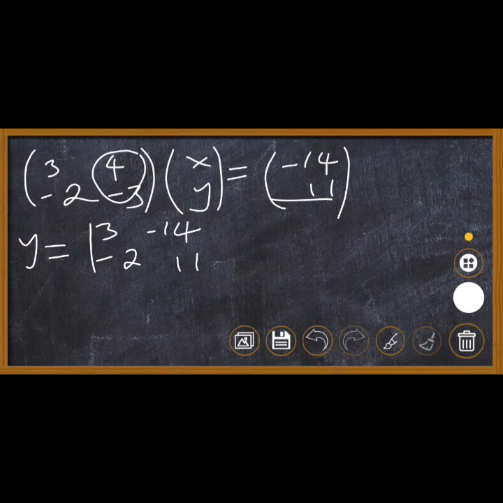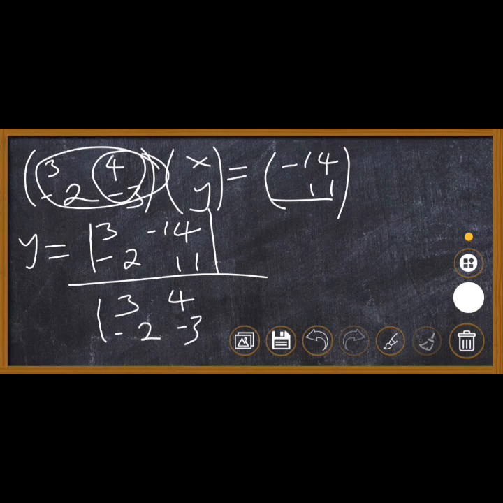Then down there we are going to write the general matrix, that is 3, negative 2, 4, negative 3 here. Okay, and then let's find the determinants for these matrices. On top there, let's multiply this by that. So 3 multiplied by 11 is 33.